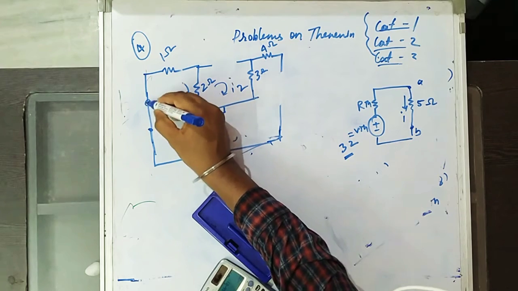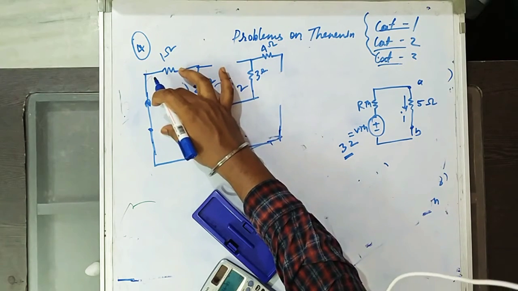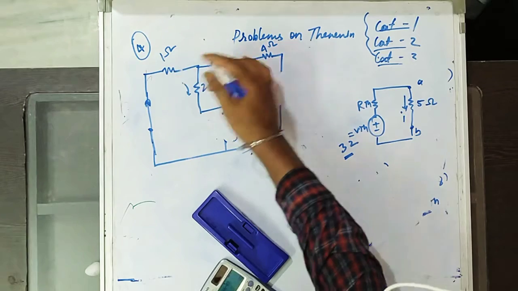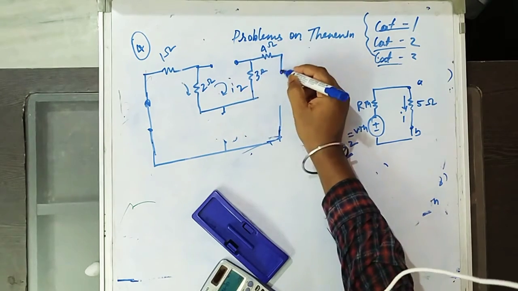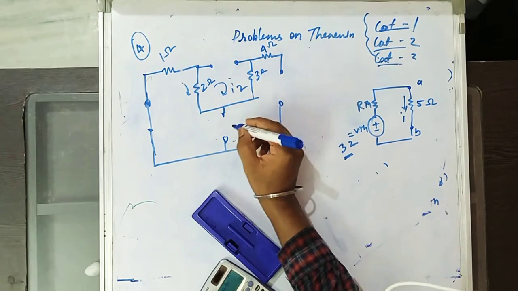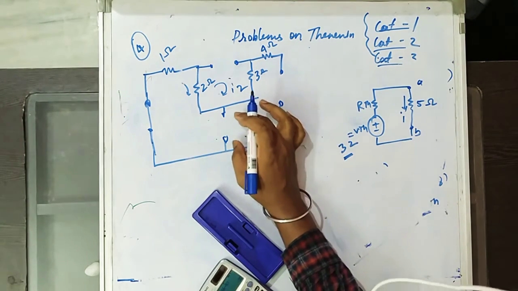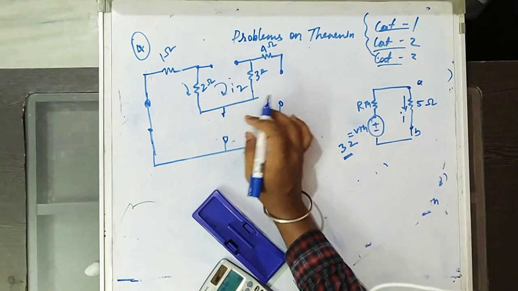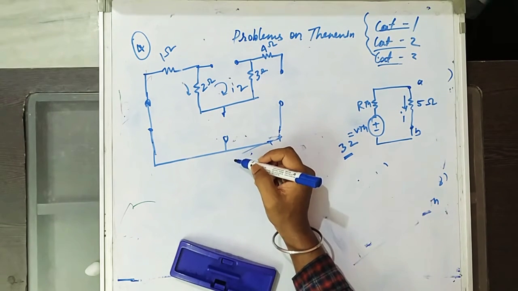After shorting, we keep the terminals. This indicates that something is turned off. Now the target element is here. So we have to find Rthevenin, and taking the direction is important.